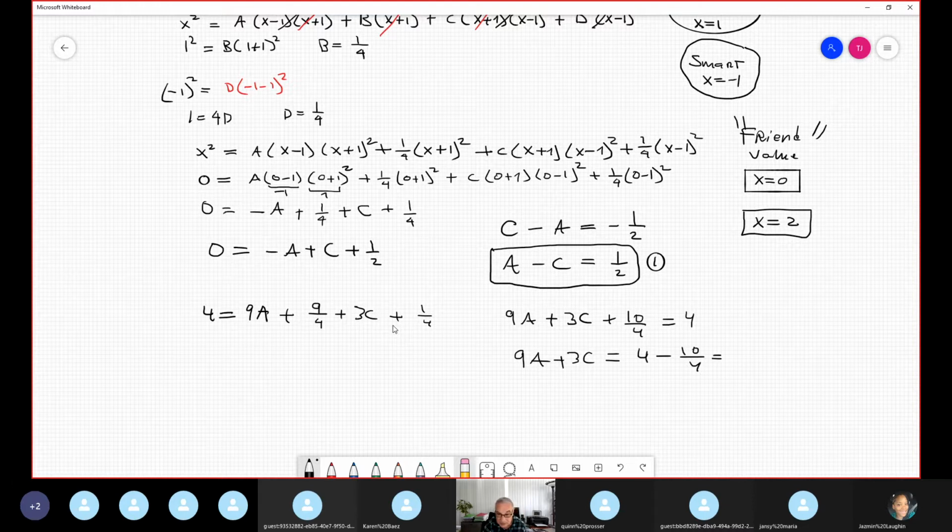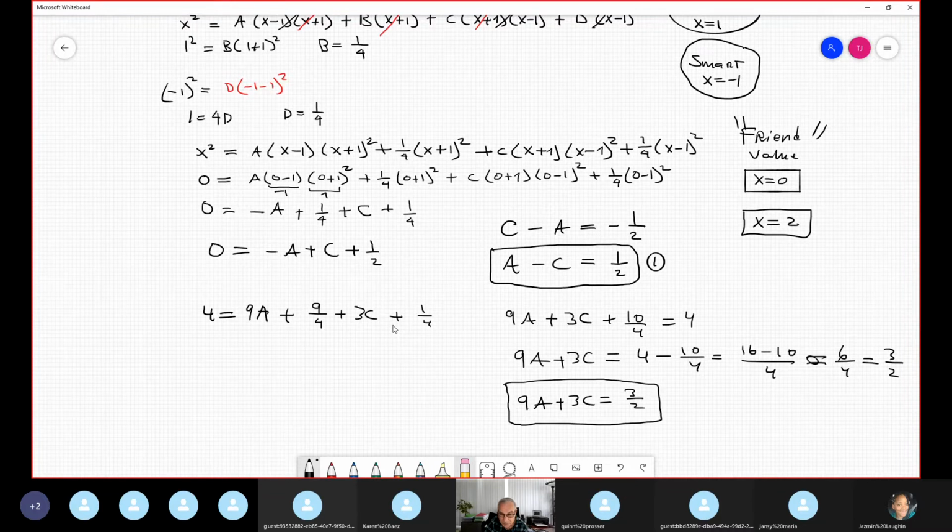And 4 is 16 over 4, so 16 minus 10 over 4 is 6 over 4. Reduce to lowest terms, 3 half. Okay, 3 half. And this is my second equation: 9A plus 3C equals 3 half.